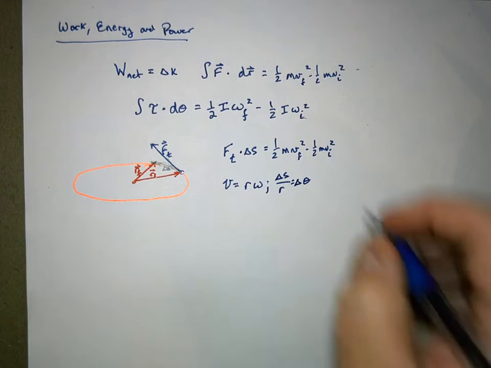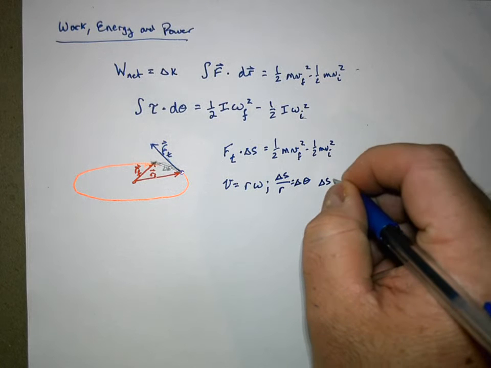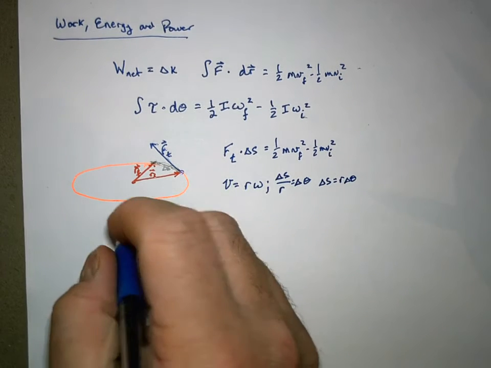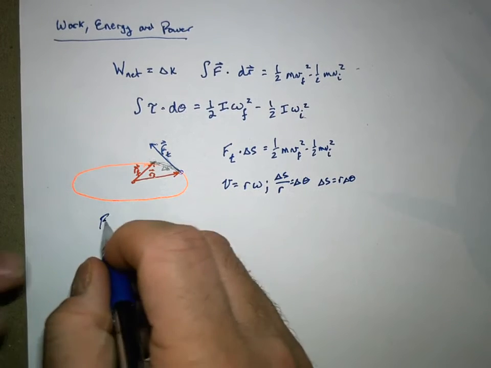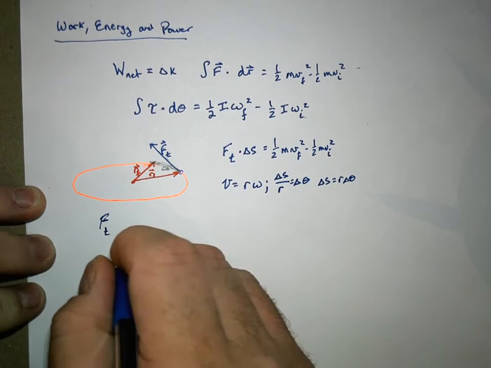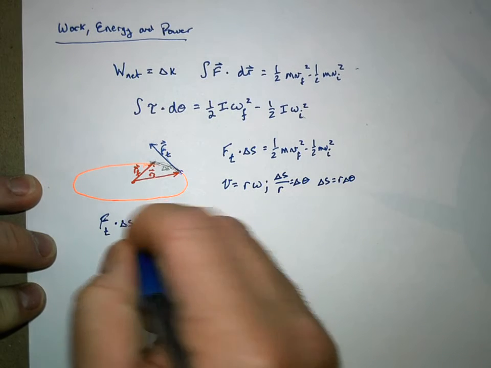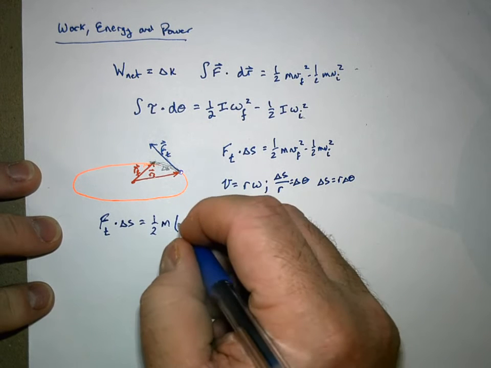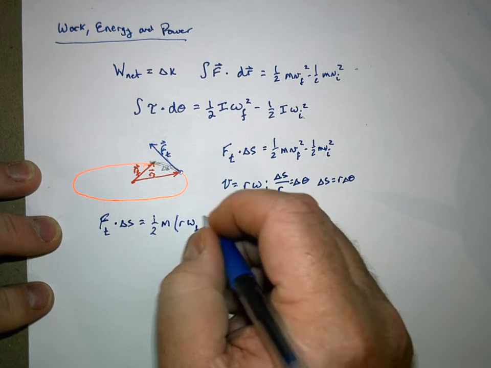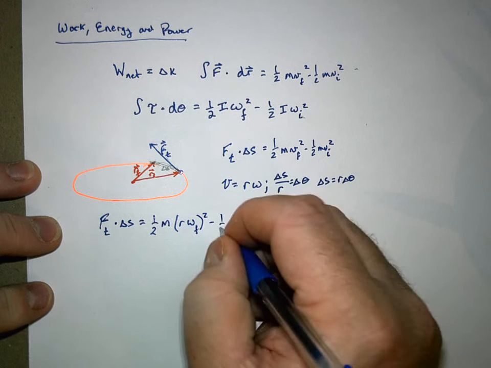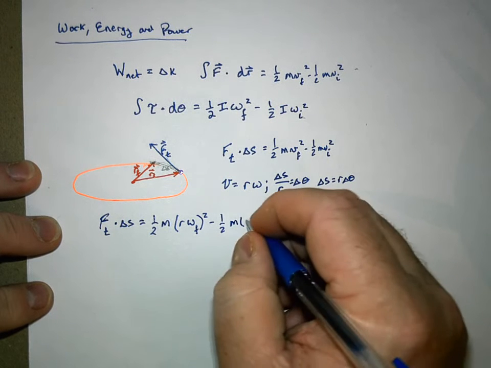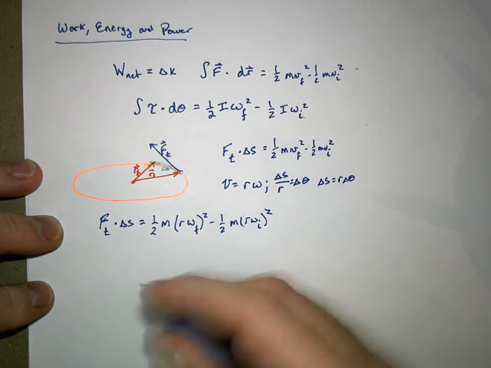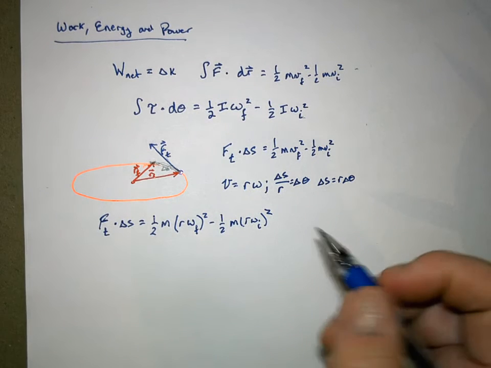Another way of writing this is that delta S equals r delta theta. So we can rewrite this as our tangential force times delta S equals 1/2 of our mass times r omega final squared minus 1/2 times our mass times r omega initial squared. And these are still our energies. It's our change in energy.